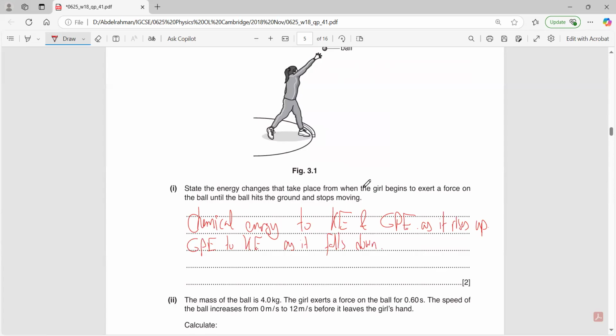The energy is transferred as heat energy or sound energy because it's hitting the ground. So kinetic energy to heat energy as it hits the ground.